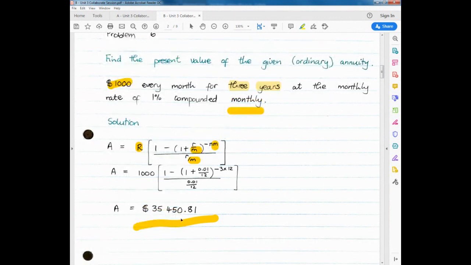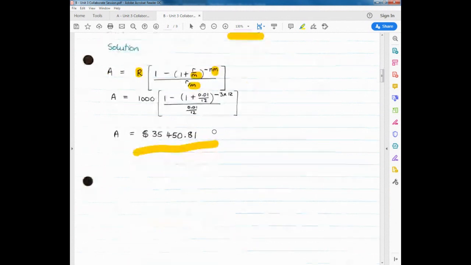You see that it would be well over 36,000. So this is the value now at year number 0. We want to find out what this investment is worth now. So maybe as a side exercise, I can do that as well on the calculator. Calculate how much this is worth 3 years from now at a monthly rate of 1%, and see what that actually gives you.